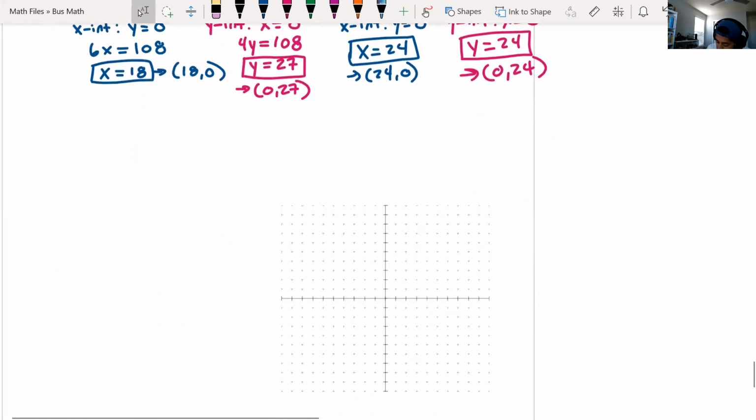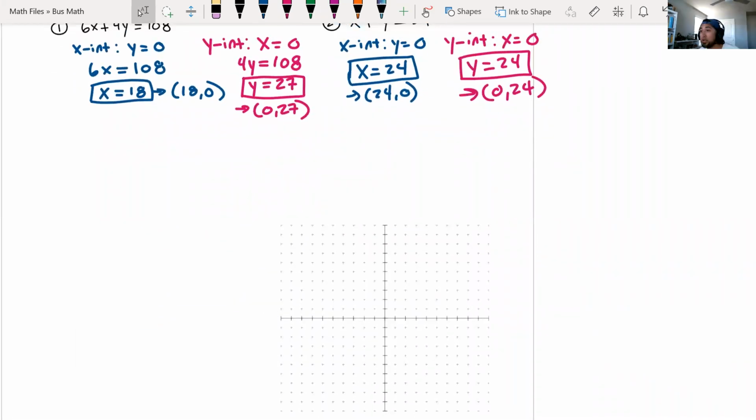Let's plot everything we have. I think we have to make our intervals appropriate. We have 18, 24, and then for the y-axis, we have 27 and 24. So we're going to go by 3s on the y-axis, and we can go by 6s on the x-axis. Let's see how that works out.